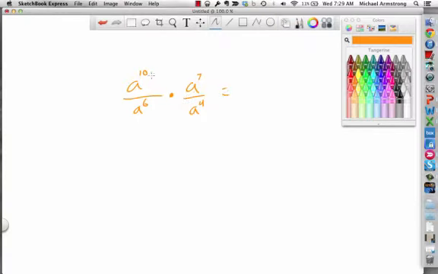Let's go ahead and we'll do this one. 10 minus 6, a to the 10 minus 6, and then this one, 7 minus 4, and then we'll come down here. 10 minus 6 is a to the 4th, and 7 minus 4 is a to the 3rd, and then when we combine those, it's a to the 4 plus 3, because this is a product, so it's a to the 7.